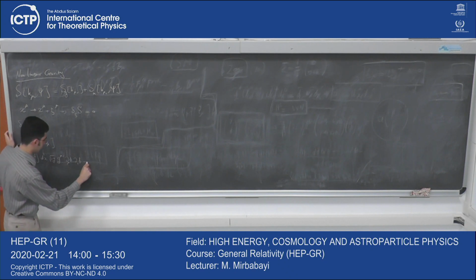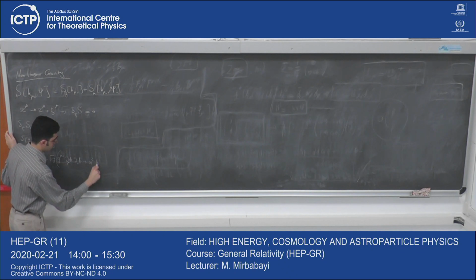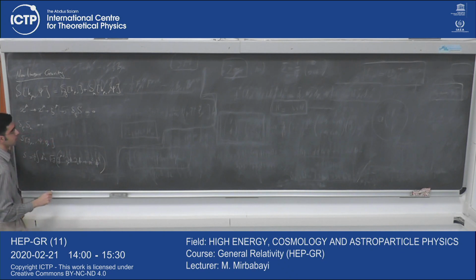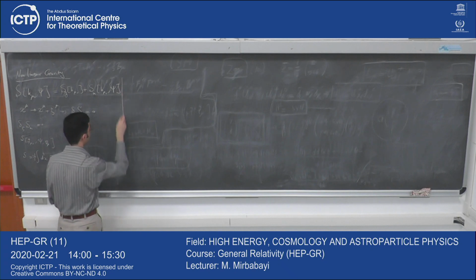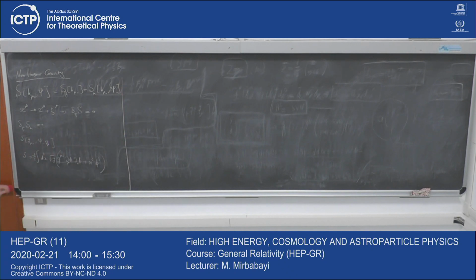And then if you have a mass term, there will be m squared phi squared. So here, since I'm taking the derivative of a scalar field, this is just an ordinary derivative. There is no difference between ordinary and covariant derivative for a scalar.